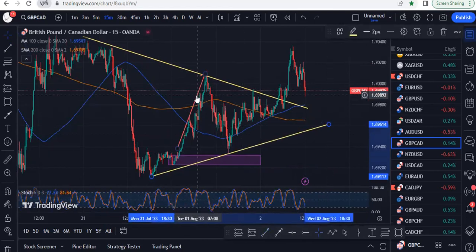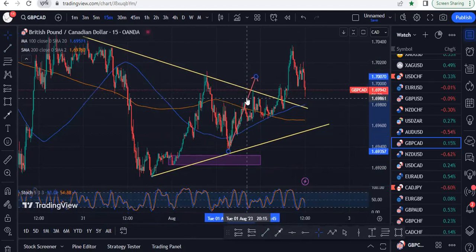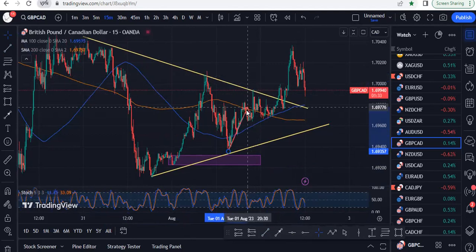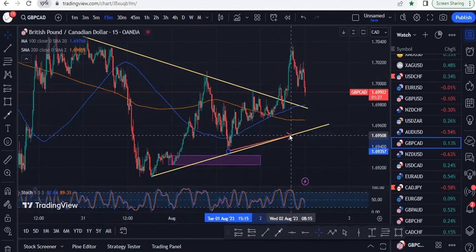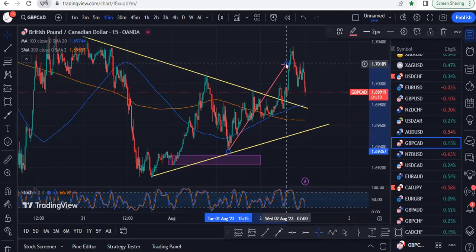As you see here, the market after, this one is the smaller time frame. The market, after it went up here, it was supposed to come down here. But the market didn't come down. What happened? It broke on a higher price. This is the higher price.